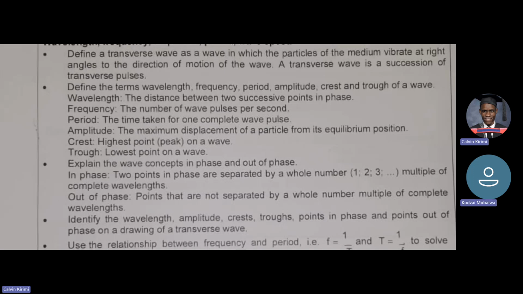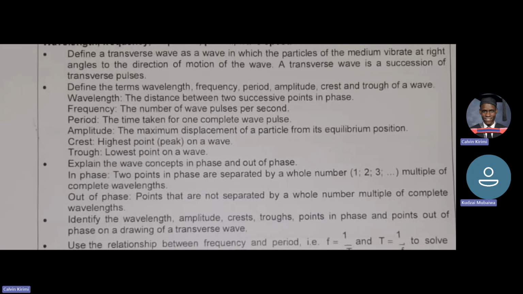Where you put your one cycle is just representing one complete wave, and then the amplitude is the distance from the initial point when the particle is at rest, as I was explaining that day. Yes, sir. And then a crest, these are those points which are above the rest point.